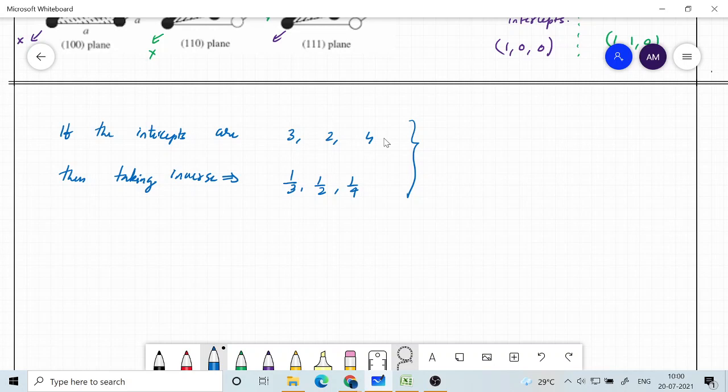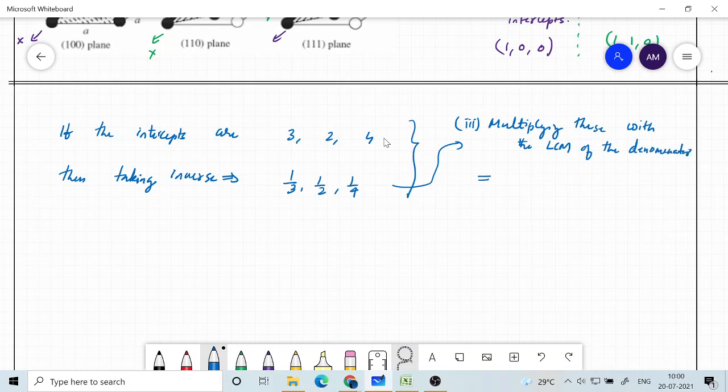Okay, so there is a step 3 then, that is multiplying the inverse of the intercept with the LCM of the denominator.